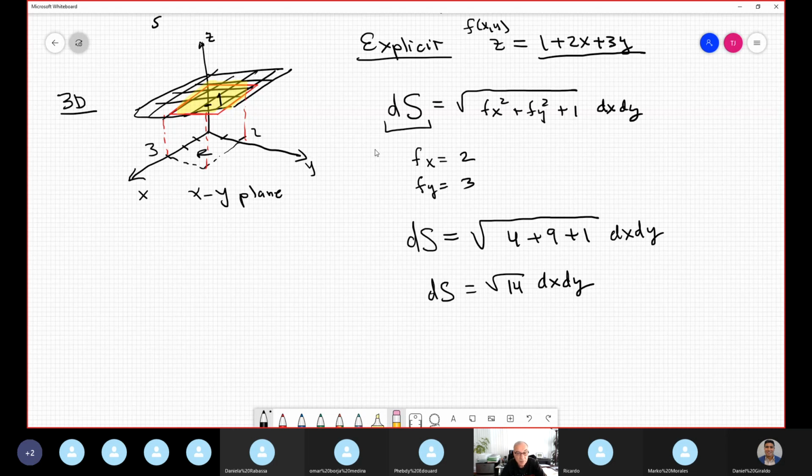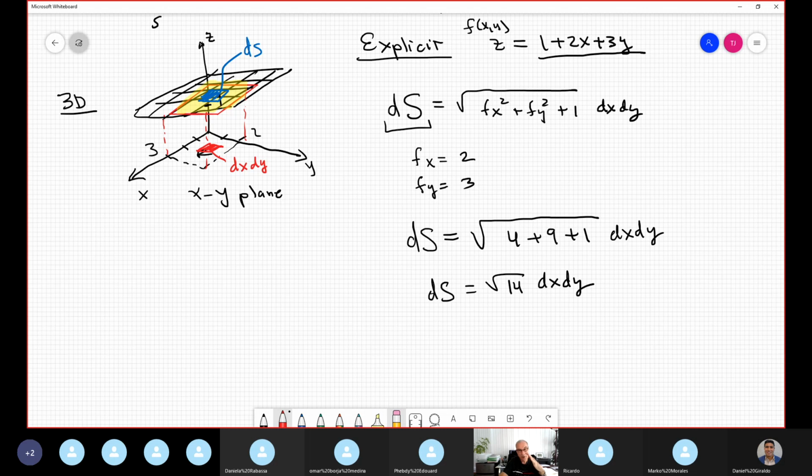Now let me try to interpret dx dy. This is an elementary area dA on the xy plane. Using this formula, I discovered that the elementary ds here and this dx dy are related by the square root of 14, because our plane has some inclination, some slope.